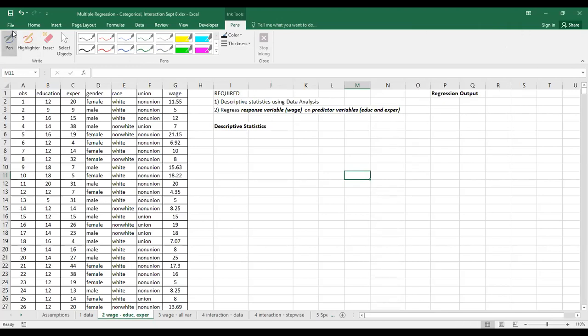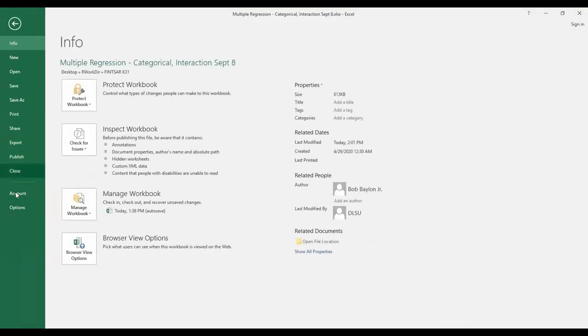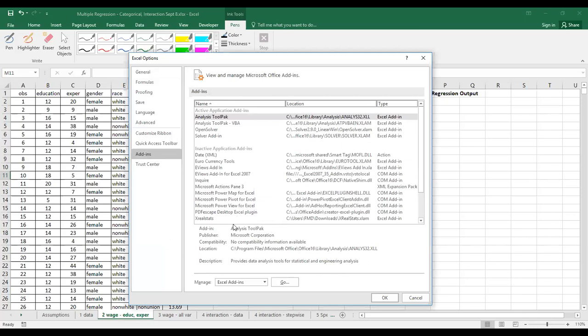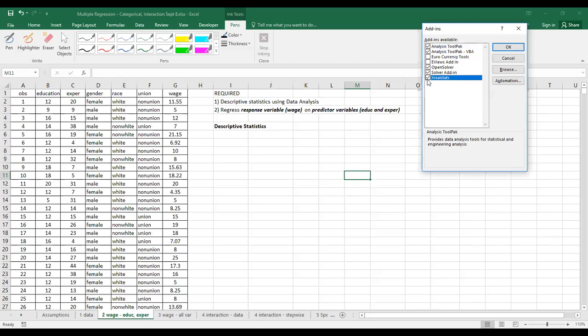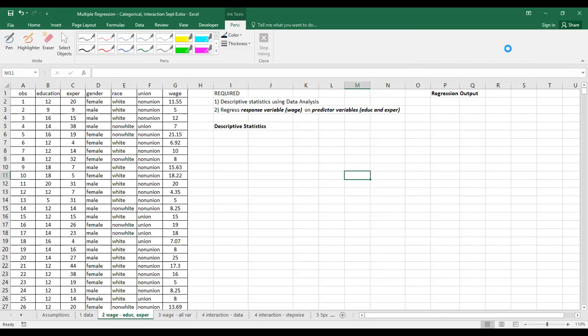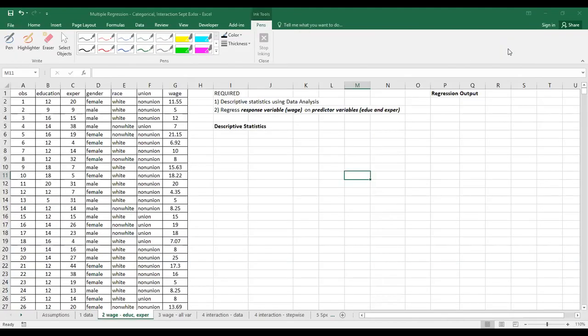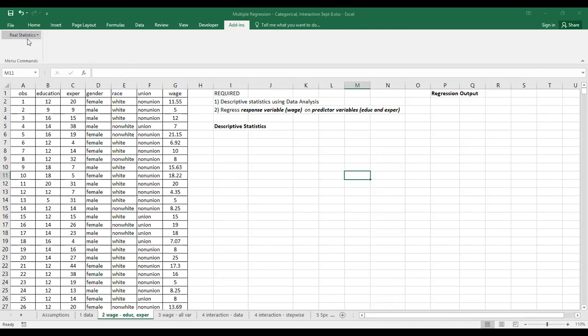And then, i-click ko siya ulit, no? Options. Add-ins. Okay. And then go here, go. Yan. Click ko siya. And then okay. Alright. Yan, lalabas siya dito, guys. Add-ins. And if I click this, yan, real statistics.